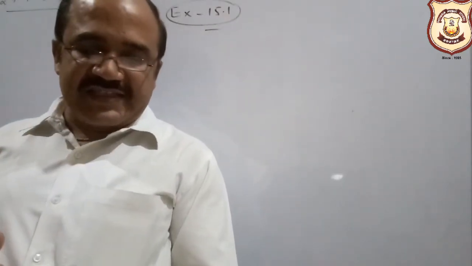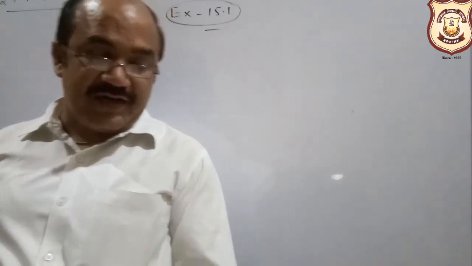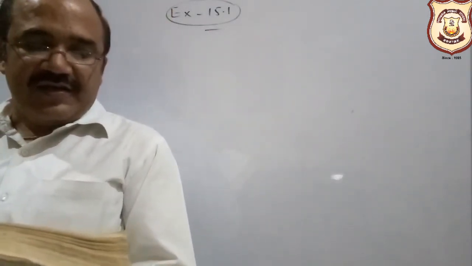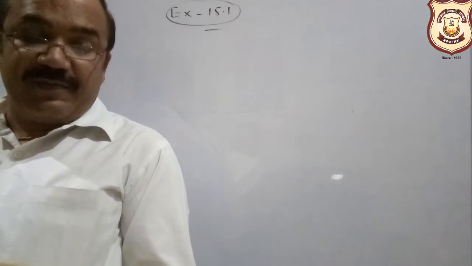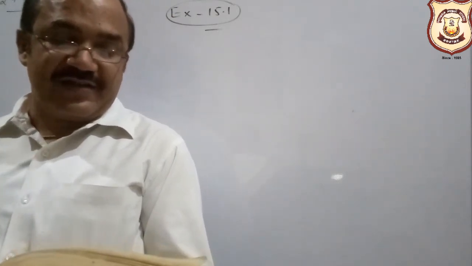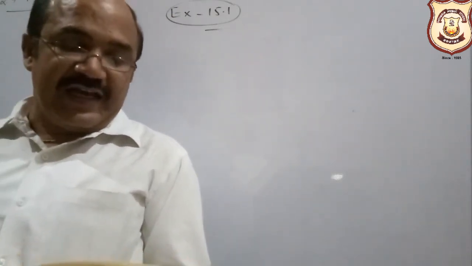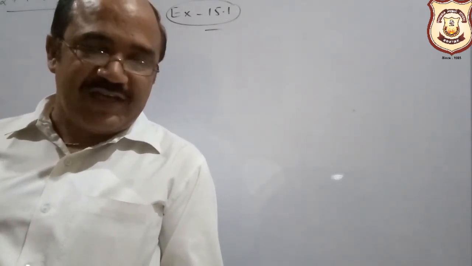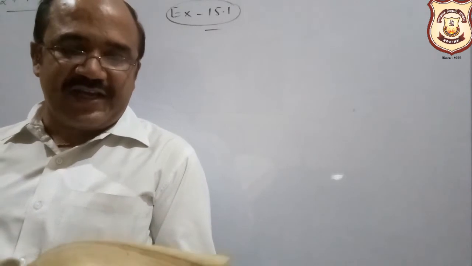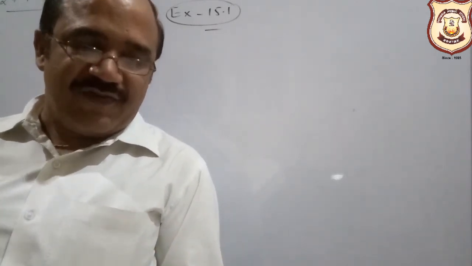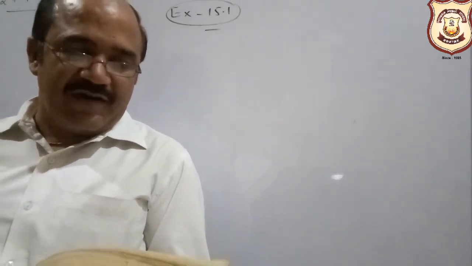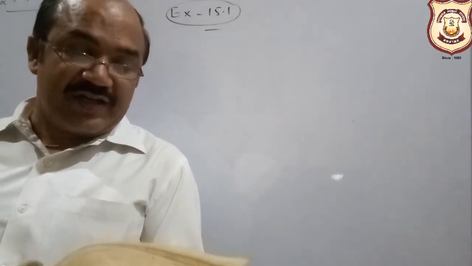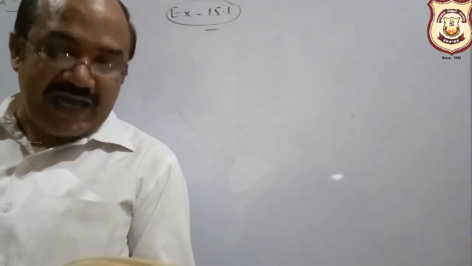Now see, beta, exercise 15.1, question number 1, fill in the blanks. Complete the following statement: probability of an event E plus probability of event not E is blank. Written down on the board in the starting. What will come? 1. The probability of an event that cannot happen is blank.